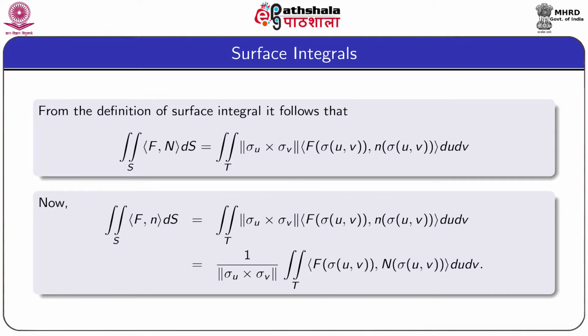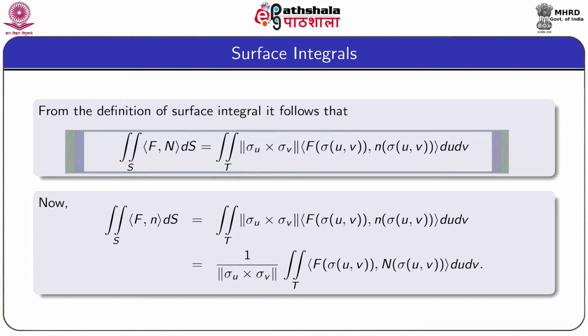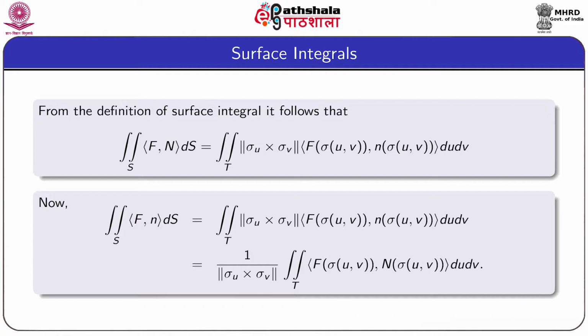From the definition of surface integral, it follows that the integral over S of the inner product of F and n equals the double integral over T of norm of sigma u cross sigma v times the inner product of F(sigma(u,v)) and small n(sigma(u,v)) du dv.